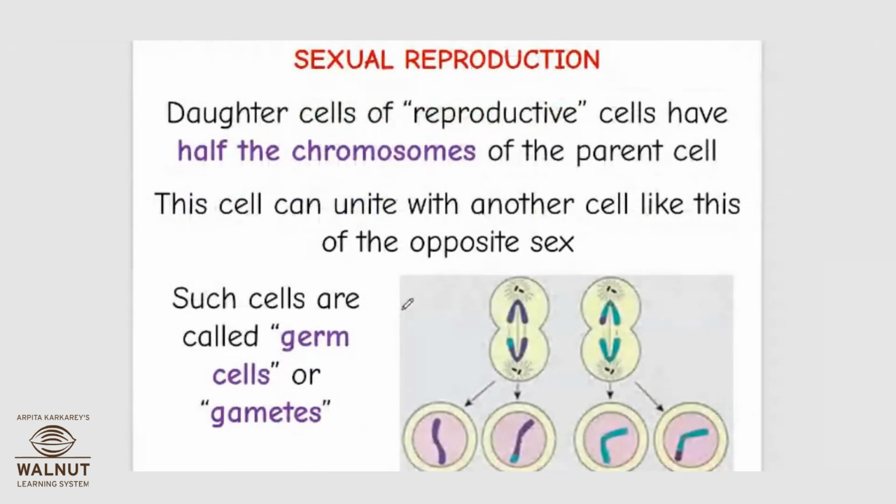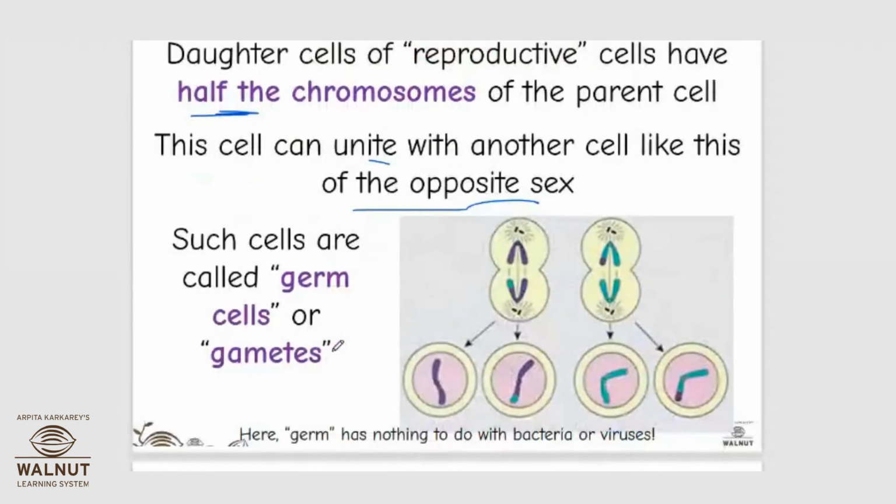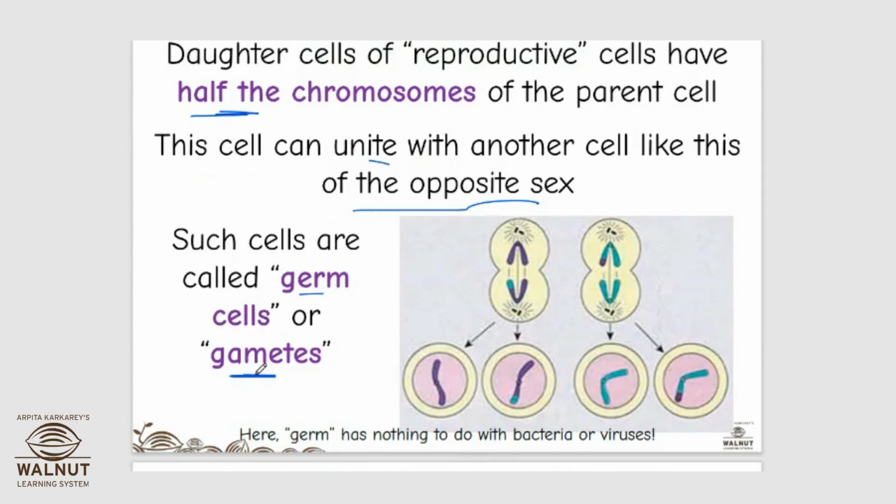Now, daughter cells of reproductive cells have half the chromosomes. As I said, see, it was not a pair, it was one only. Half the chromosomes of the parent cell. So this cell can unite with another cell like this of the opposite sex. Such cells are called germ cells or gametes. So the reproductive cells, the cells which are used for reproduction, are called gametes or germ cells.